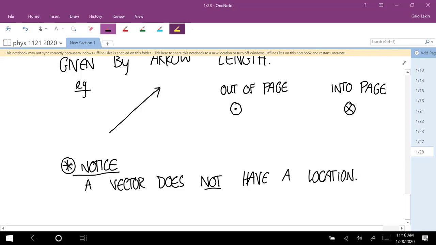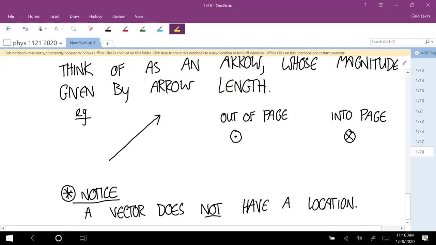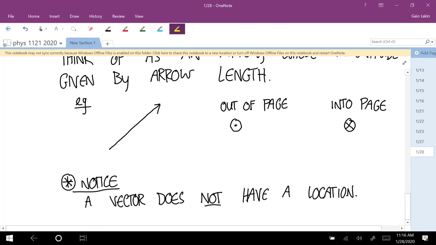And so when we do calculations with vectors, we're going to imagine moving them around from this point to this point, because you can move them around and it doesn't change the value. The only thing that a vector contains is a direction and a magnitude. Okay. And before we talk about how we're going to do calculations, we have to talk about some sort of graphical, physical meanings of vector calculations.